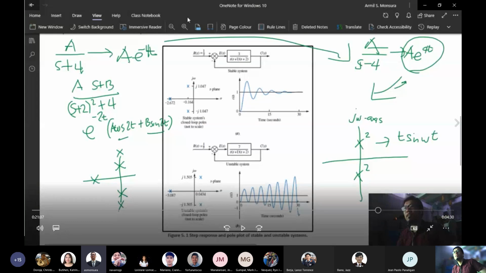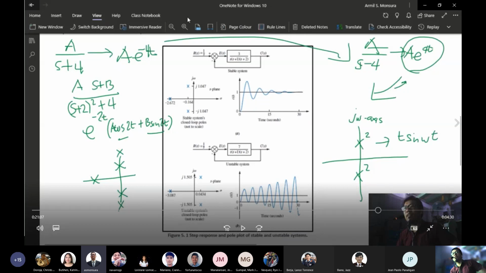Yan. So if the natural response decays to zero, okay, masasabi natin na yung system natin is stable. Okay, okay, very good. That's for natural response.